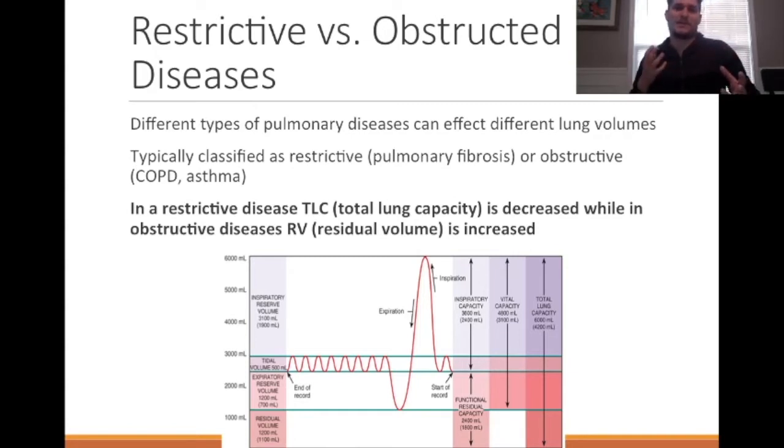This is a negative thing because that air basically becomes stale. It's not taking part in the exchange when we inhale and exhale, bringing in new oxygen. So some of that air gets trapped, and it restricts our blood oxygen and our carbon dioxide as well. Main point: restrictive disease impacts your inspiration and your total lung capacity. Obstructive diseases impact your expiration, and you see an increase in residual volume.